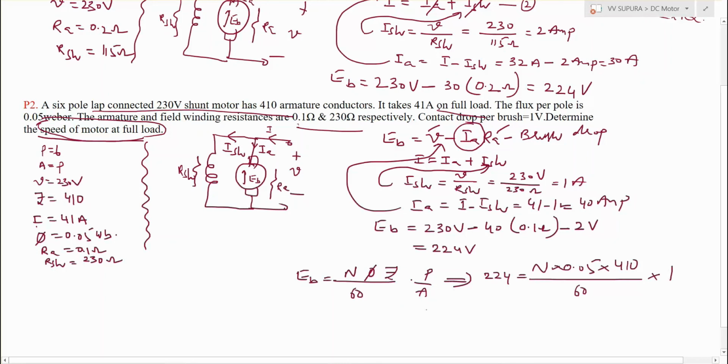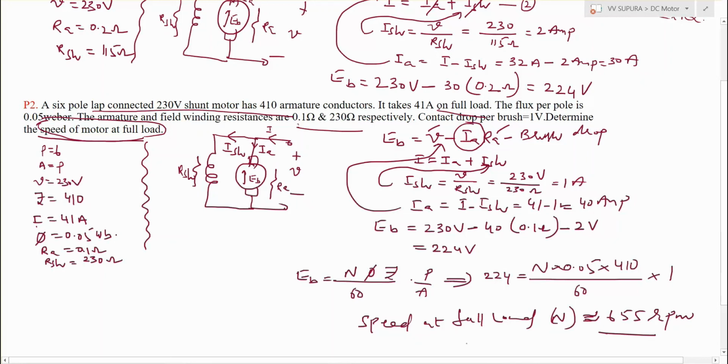From this I can calculate speed at full load. N is equal to, I calculated as 655 rpm approximately.